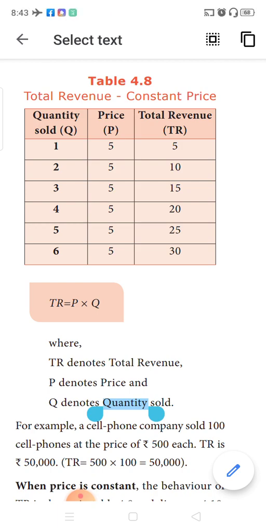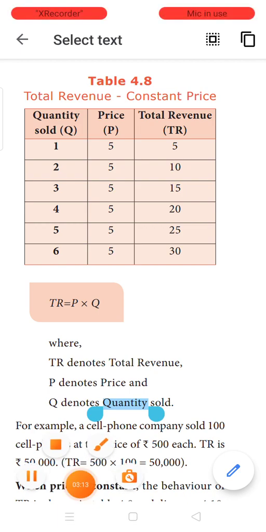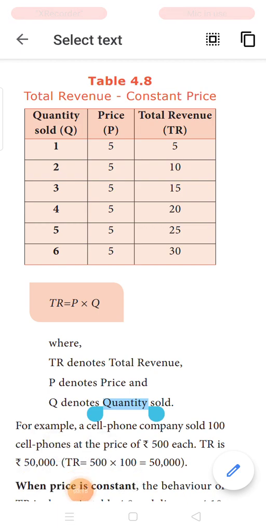Now let us understand the first situation, when the price of the commodity remains constant. Look at the second column, where the price of the commodity remains constant at 5 rupees. When 1 unit is sold, the price is 5. When 3 units are sold, the price is 5. When 6 units are sold, the price remains at 5 only. The third column is the total revenue column.